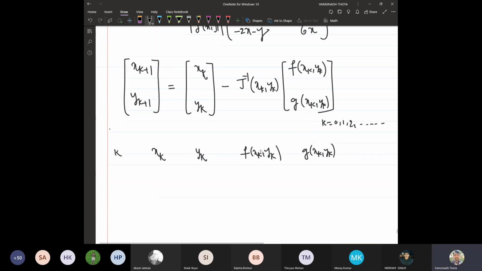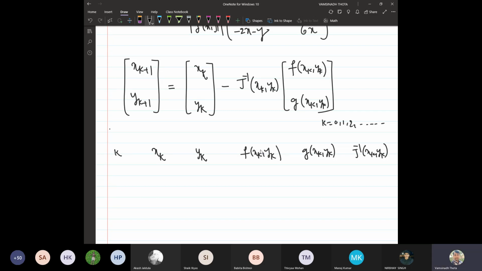And finally, we also need to evaluate the j inverse at xk comma yk. So this will be a matrix. xk, yk, f at xk, yk, g at xk, yk will all be numerical scalars only, but j inverse at xk, yk will be a matrix.